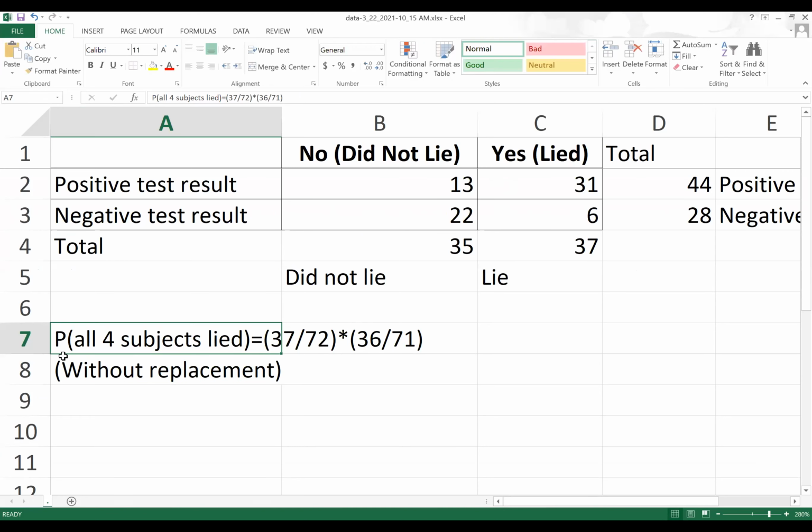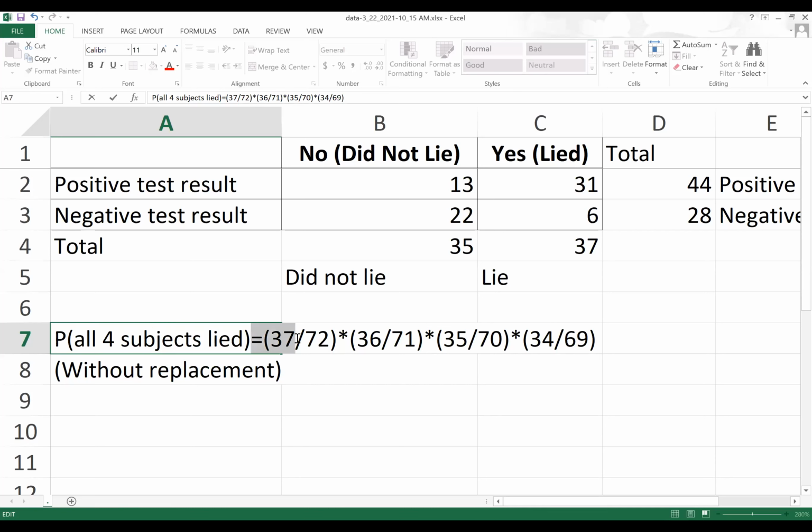And then by the time you get to the third one, you multiply by 35. Only 35 subjects who lied, and only 70 people remain, because you already picked 2 out of 72. So by the time you get to the last one, only 34 subjects who lied remain, divided by 69. So you're basically multiplying those 4 fractions one by one, and you should get the result.